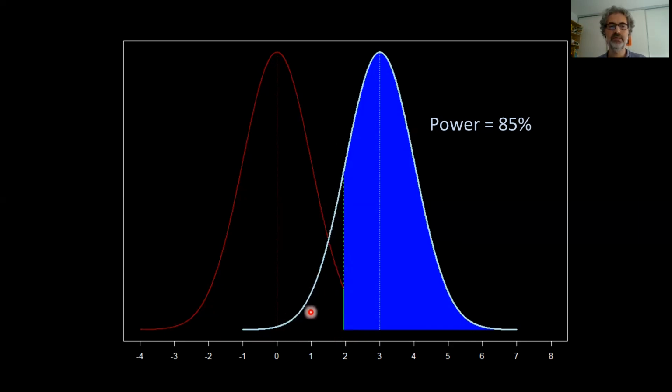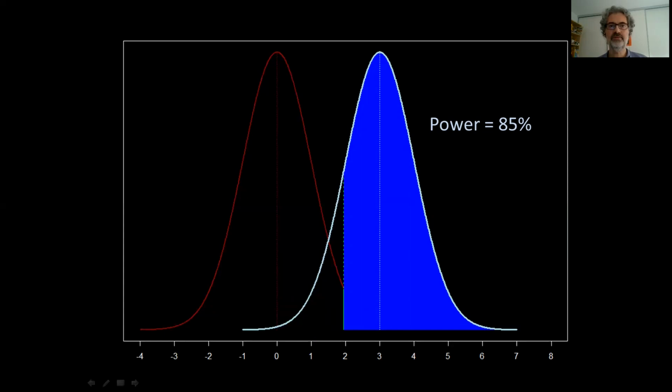You can get unlucky, and although you're sampling from the population with this mean, you can get a very low mean, a non-representative sample that will not lead to rejecting the null hypothesis.